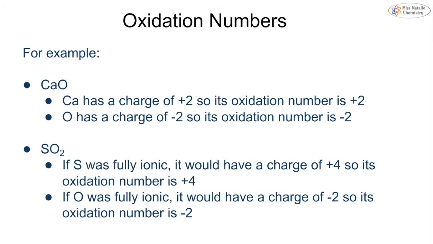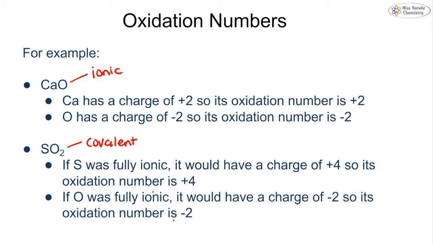So for example, if we take calcium oxide, which is ionic, the calcium is going to have a charge of 2+, so its oxidation number is 2+. Oxygen, in this case, has a charge of 2- as the oxide ion, so its oxidation number is 2-. Now, if we look at SO2, this being a covalent compound, we know that the oxide would form a 2 negative ion again.